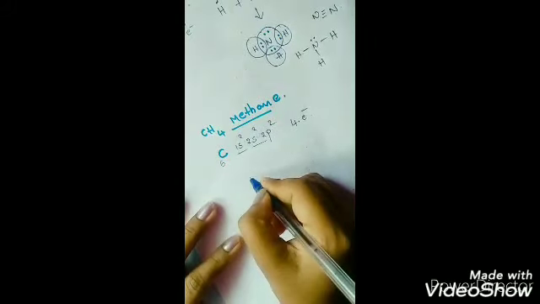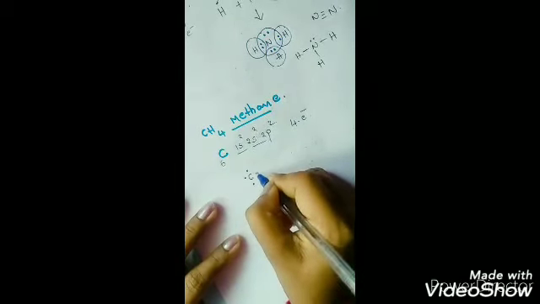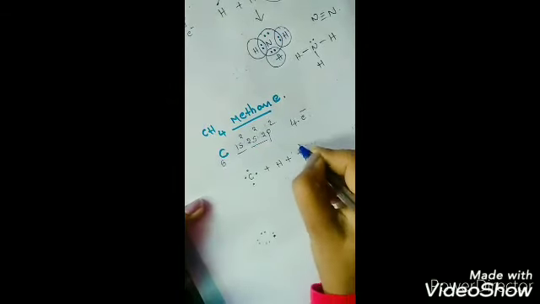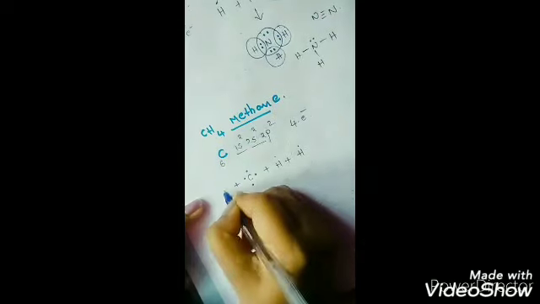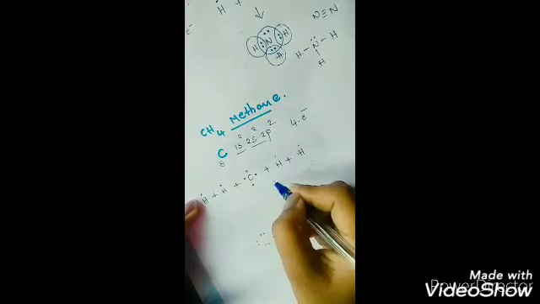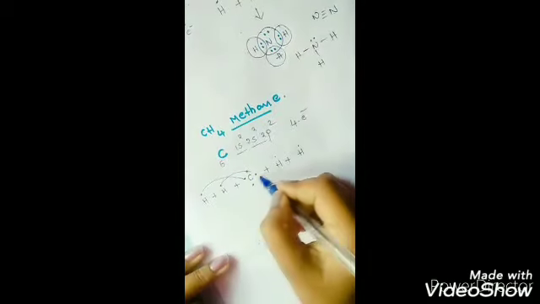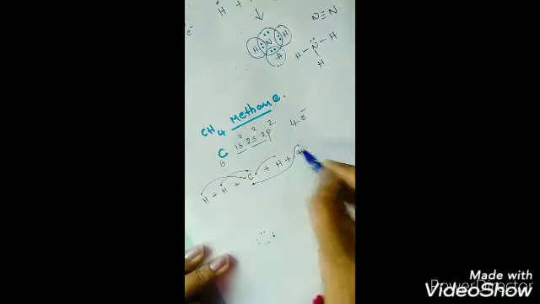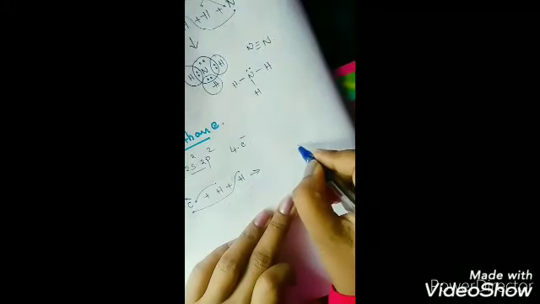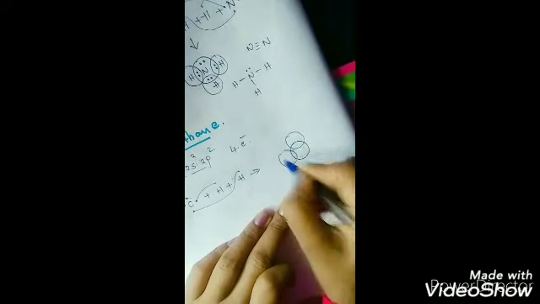If you see the structure of carbon, it has 4 valency electrons around it. If you add this to the hydrogens, totally how many electrons, students? There are 4 hydrogen atoms with 1 electron each. This 1 electron combines with another 1 electron of the hydrogen. Then finally the CH4 methane structure forms like this. This is the central atom and these are the hydrogens.